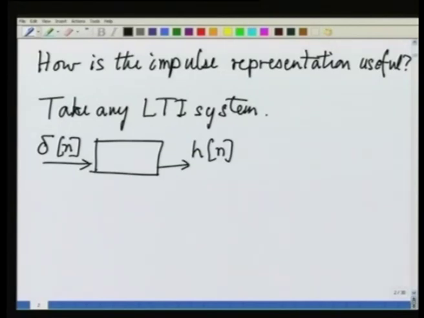Now, we will see what happens with our impulse representation of discrete time signals on the one hand and our knowledge of h n on the other hand with respect to a particular given system.